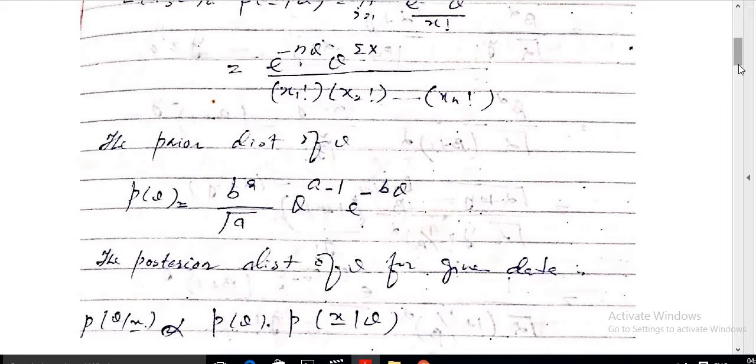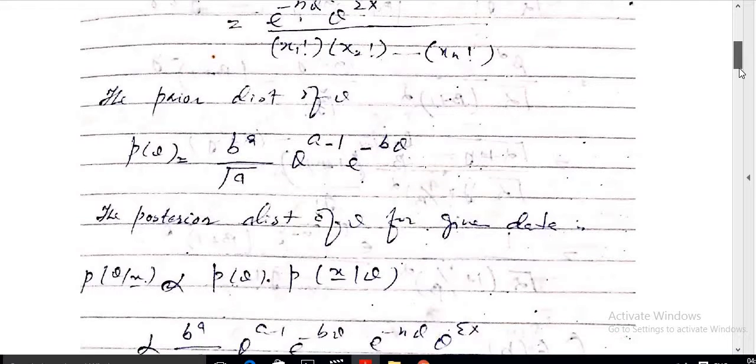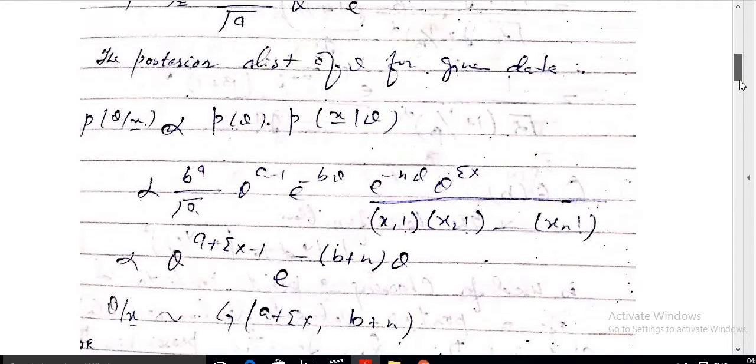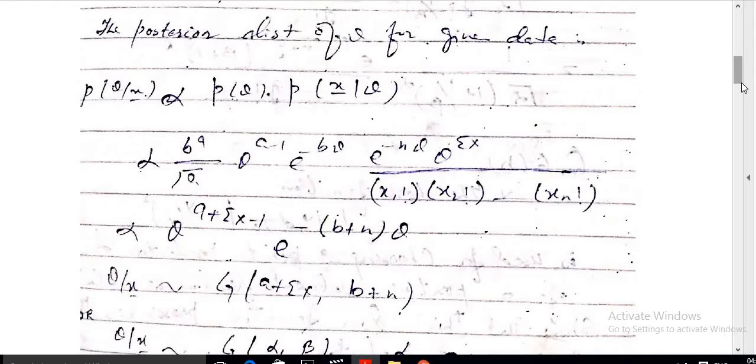The posterior distribution of theta for the given data, in the form of a density kernel, is proportional to p theta into p x given theta, which is equal to b raised to the power a over gamma a, theta raised to the power a minus 1, e raised to the power minus b theta, e raised to the power minus n theta, theta raised to the power sum of x, divided by x1 factorial, x2 factorial and so on, xn factorial.